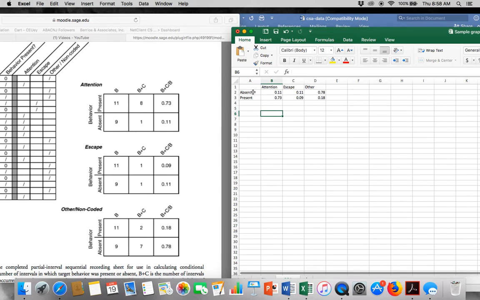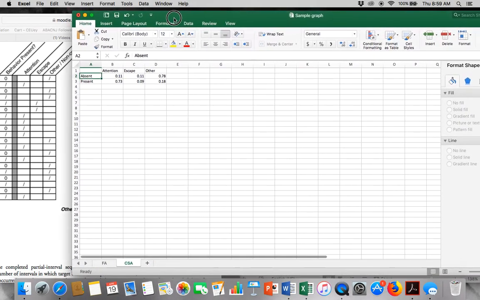For it to graph appropriately, we want the absence of behavior to run along the x-axis, and we want the target behavior to run across the y-axis. You'll see a little bit better once I make the graph. So it needs to be set up in this format for it to graph correctly.